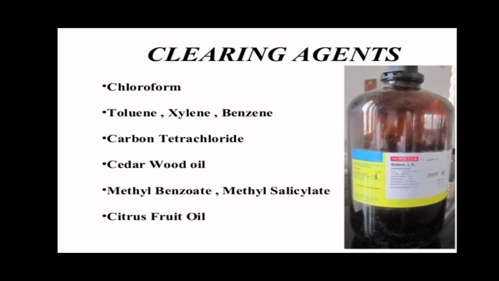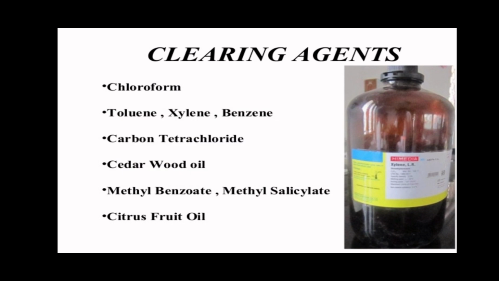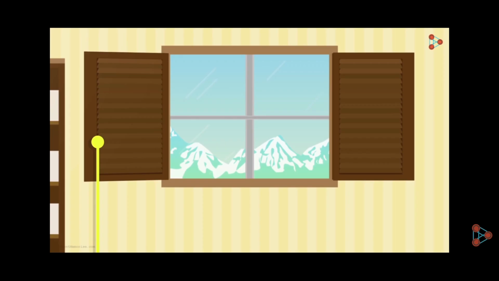The most commonly used clearing agents for de-alcoholization in the embedding process are xylene, dioxane, chloroform, and cedarwood oil. When used after the tissue section has been stained, the clearing agent will make microscopic tissue preparations transparent due to their high index of refraction.